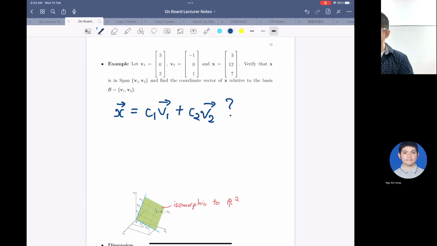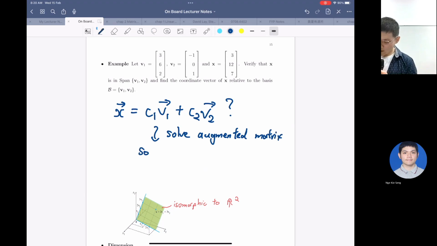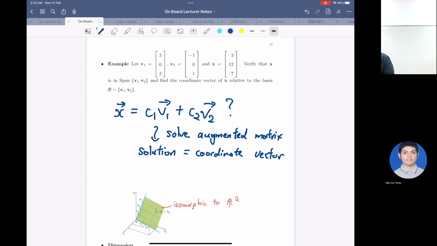So you will solve the augmented matrix. The solution you get is exactly the coordinate vector, because the coordinate vector is the coefficients that you use to express the vector in terms of V1 and V2 here. I will leave you to solve this augmented matrix. I will do it as well, and then you will check the answer later.